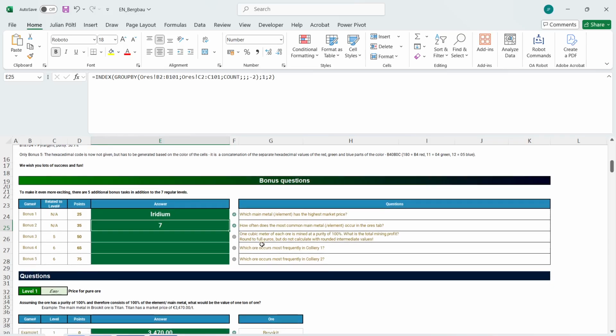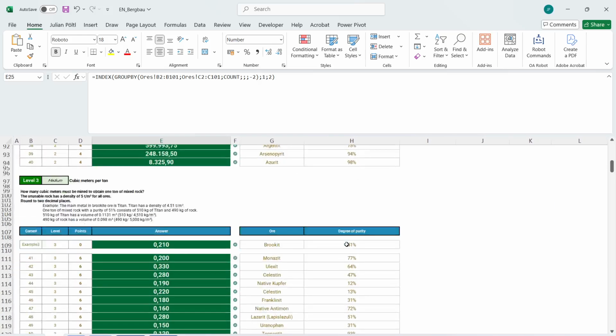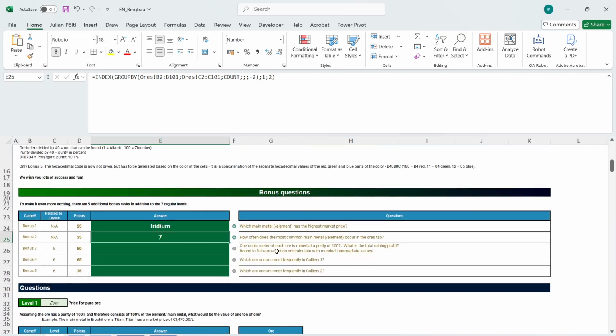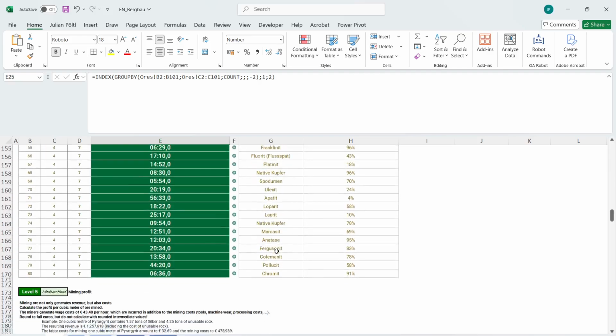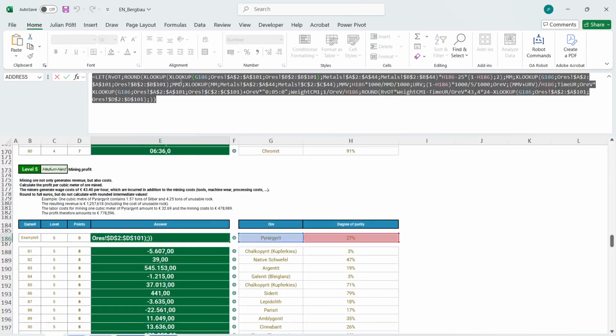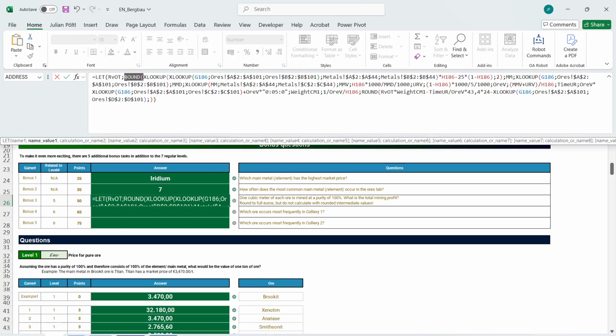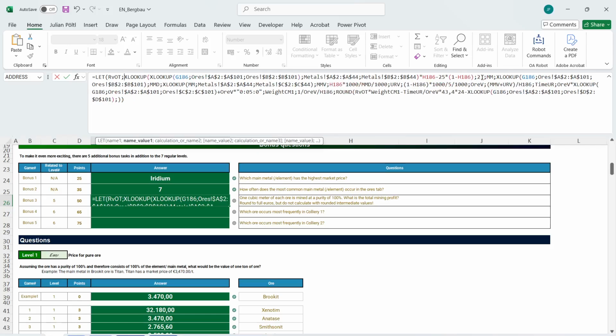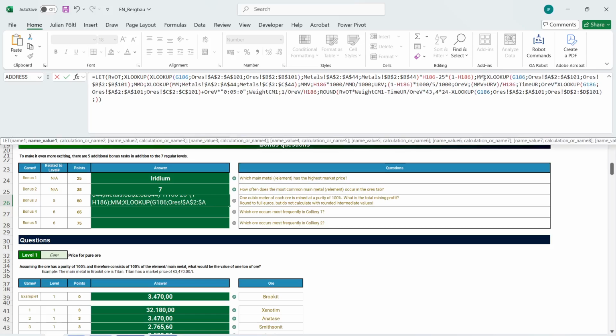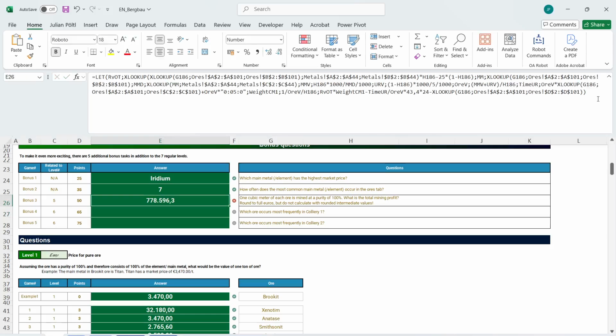1 cubic meter of each ore is mined at a purity of 100%. What is the mining profit? So basically this, but without any rounding. Only at the end we will round.